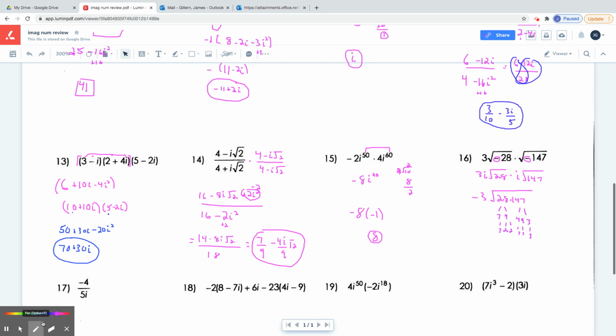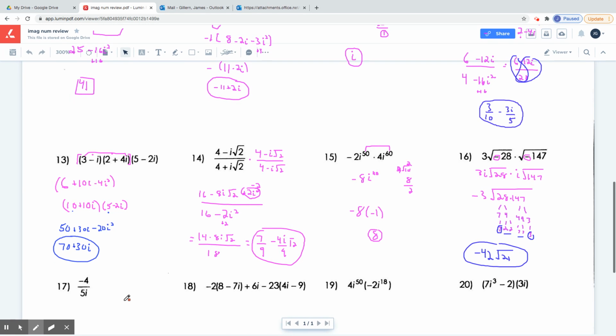So I have a pair of 2s and I have a pair of 7s. 2 times 7 is 14, but I already have a negative 3. 14 times negative 3 is negative 42. What I did not use was this 7 and this 3, so that's on the inside of the radical. And you multiply those, 7 times 3 is 21. So I get negative 42 times the square root of 21.